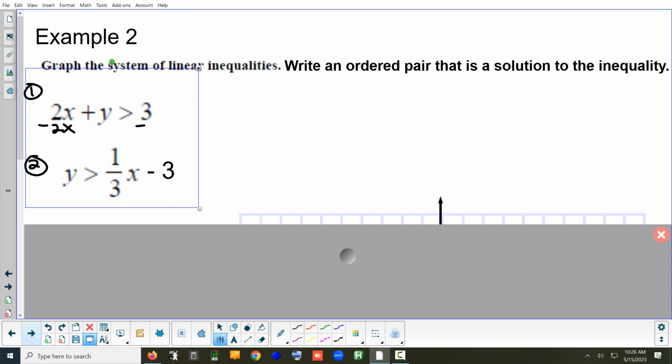We're going to have to subtract 2x from each side. And now we've got y by itself. What would be on the right side if I subtract 2x and then put it in the correct order?